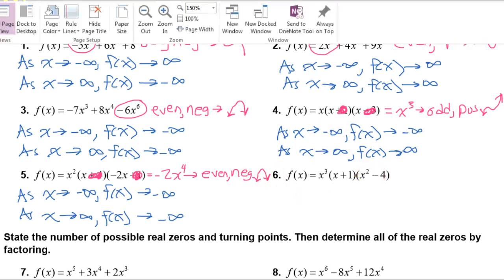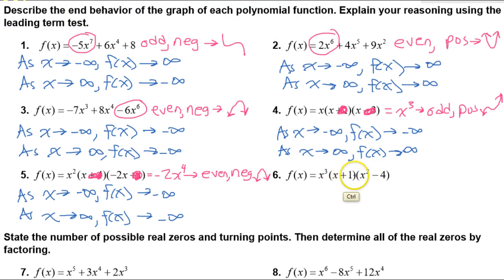And one more time for problem number 6. If I want to know what the leading term looks like, I will disregard the +1 and the -4. So that's going to give me x to the 6th power, which is even degree and positive leading coefficient.